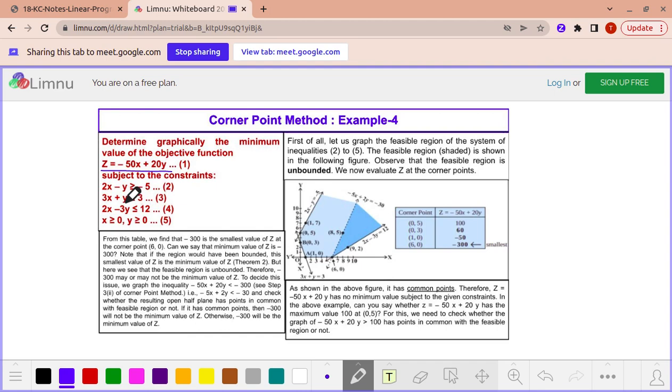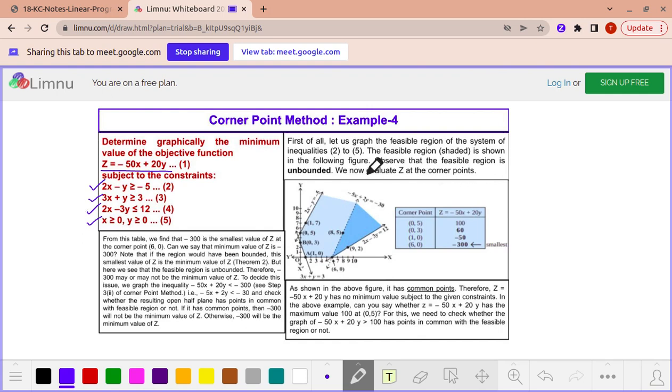So there are 4 constraints. The first one is 2x minus y greater than or equal to minus 5. Second one is 3x plus y greater than or equal to 3. Next one is 2x minus 3y less than or equal to 12, and the final one is x greater than or equal to 0, y greater than or equal to 0. So in simple terms, we need to draw the straight line corresponding to all this.